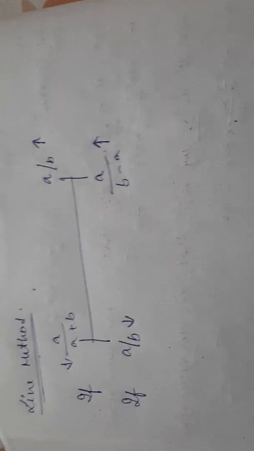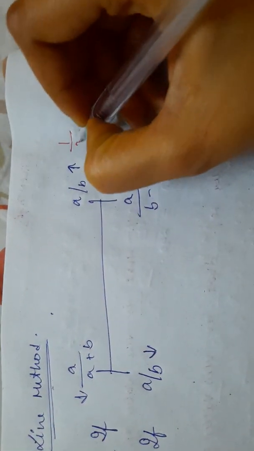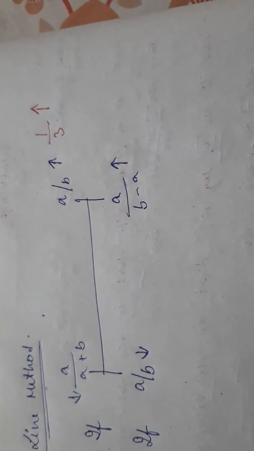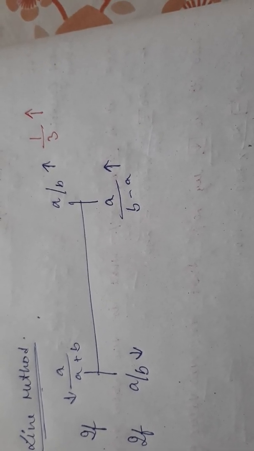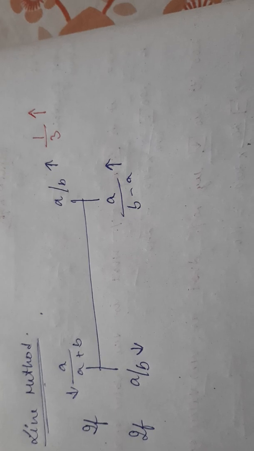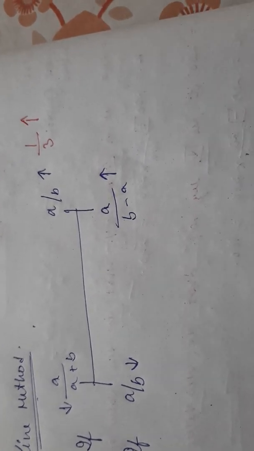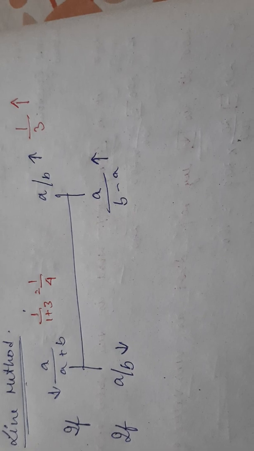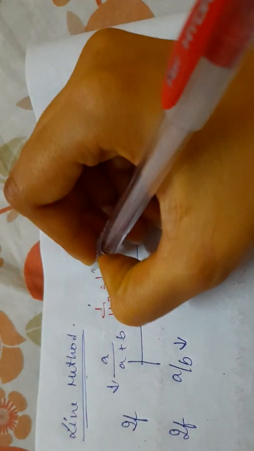So my question framing will be: if the rate is increased by 1 by 3, what percentage of this will decrease if my expenditure is kept constant? So the percentage will be 1 by 1 plus 3, that is 1 by 4. 1 by 4 will be decreased, that is 25%.